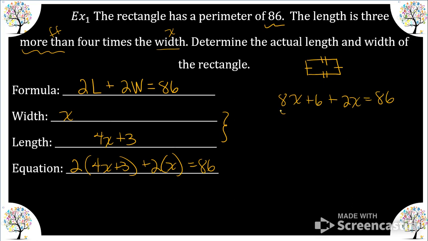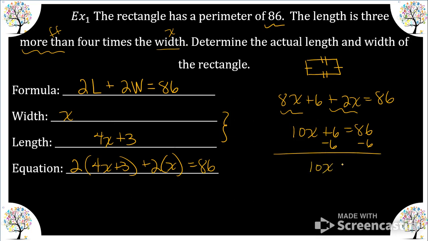We're going to combine like terms. We are going to now isolate x, which is width. We're going to subtract 6 from both sides. We are going to undo multiplication by division. And we have isolated x to equal 8. So the width is 8.